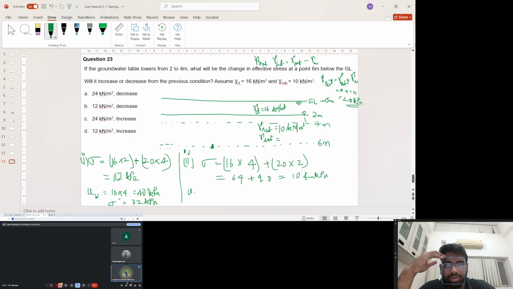The pore water pressure in this condition is 10 into 2, which is 20 kPa. Now sigma dash is 104 minus 20, which is 84.